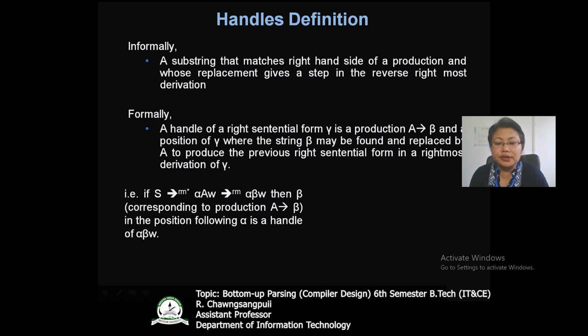So that means if S derives alpha A W, W being a string, in the rightmost derivation, and A derives alpha beta W, then beta corresponding to the production A can have the form beta in the position following the alpha is the handle of alpha beta W.